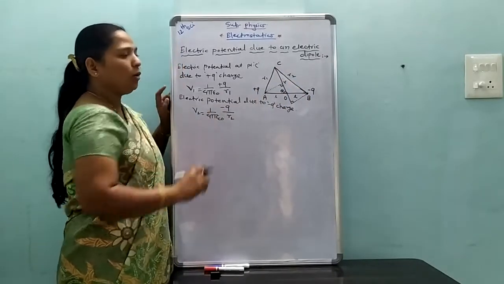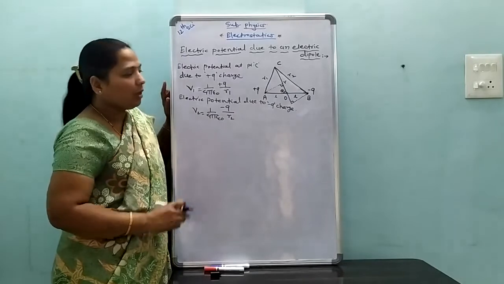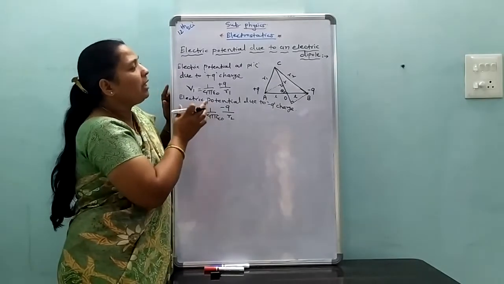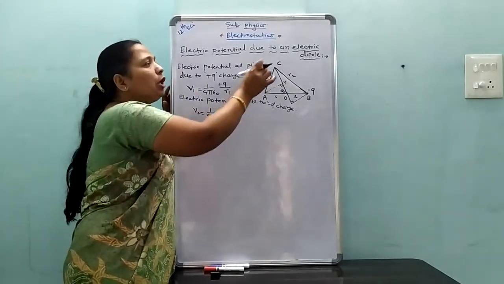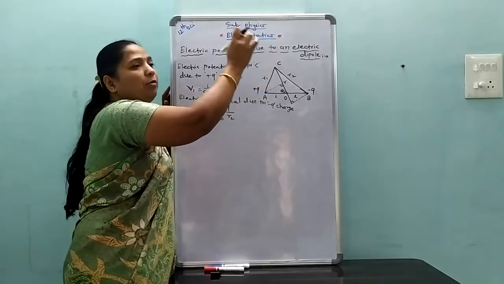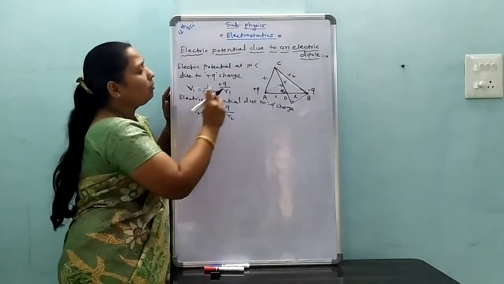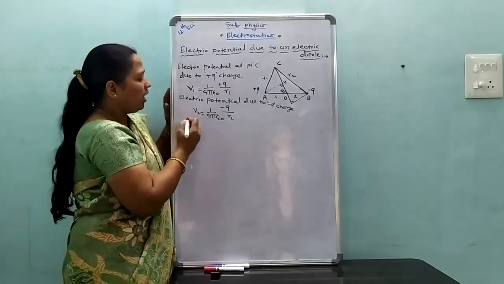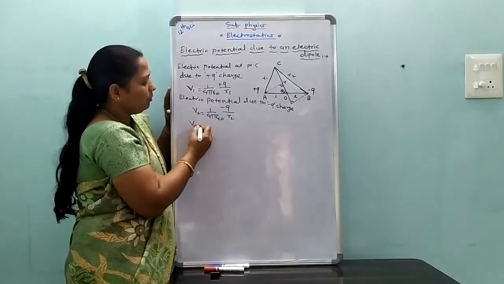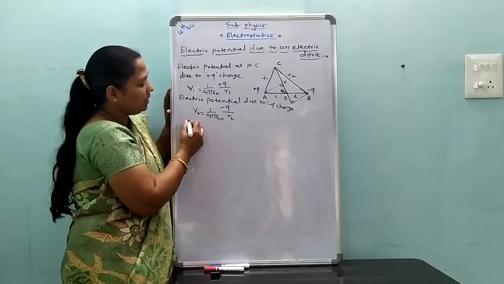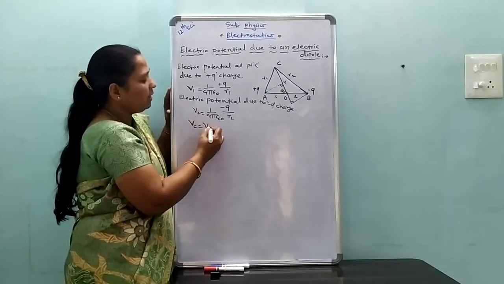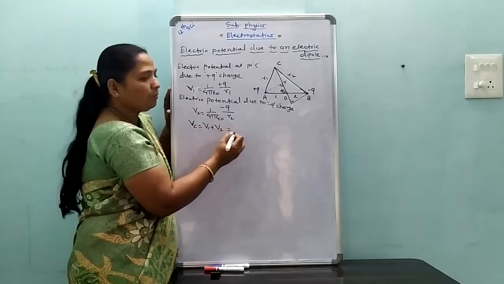But we need the net potential at point C due to the dipole, that is, due to both charges. Hence VC, the potential at point C, is equal to V1 plus V2.